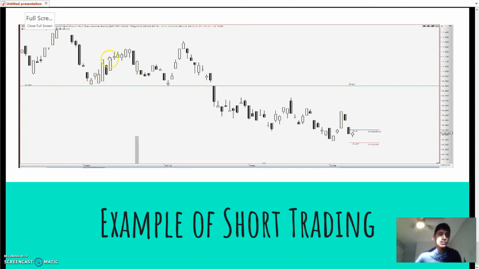It bounced off support, and then it broke support. Some people will short trade it, so they would short it right about here because they expect it to go down. It's the complete opposite. If you expect it to go up, you're going long. If you expect it to go down, you're going short. So short trading is the complete opposite.